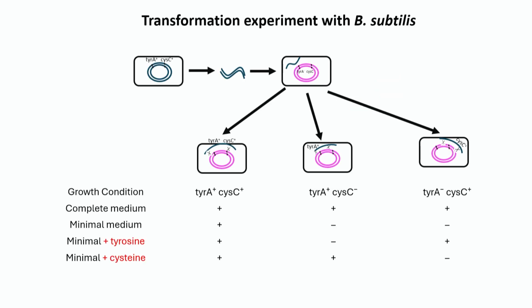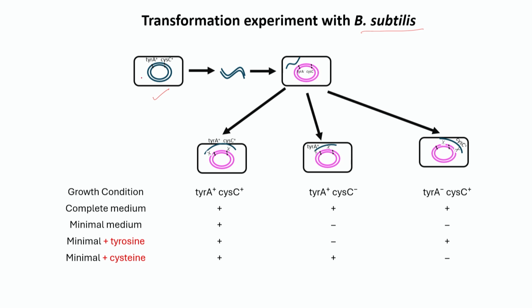So, let us take this example, where we are showing the transformation experiment in the case of Bacillus subtilis. We have a bacterial cell which is positive for TYR-A plus and CYS-C plus.